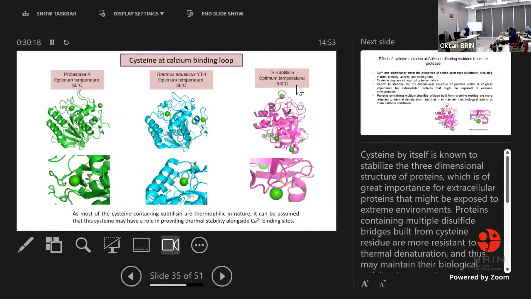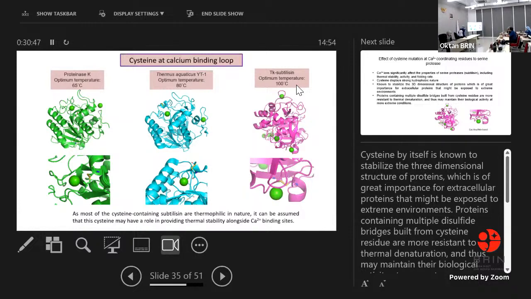Okay, the next one. Based on our observations from the structure studies of other proteases, thermostable proteases have the presence of cysteine amino acids at the calcium loop.